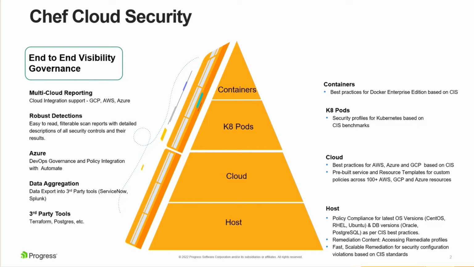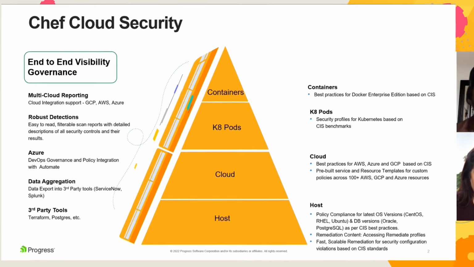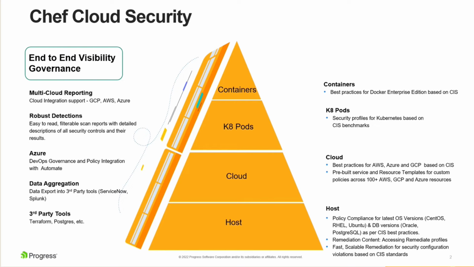They can leverage our open source framework, Chef InSpec. Additionally, customers also get the best practices for their Kubernetes pods and Docker, all of which are based on the CIS benchmark. All of this is supported by a very strong visibility and governance framework, giving you multi-cloud reporting, easy to read, filterable scan reports with a very detailed view on what is going wrong and what the code is behind the scenes.